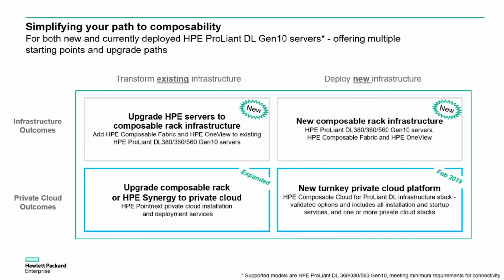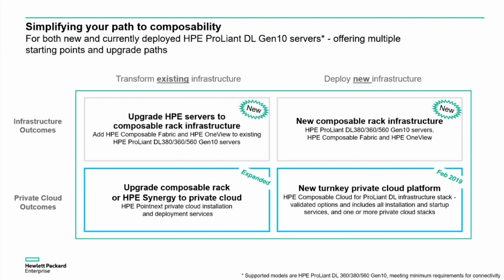We got feedback pretty quickly that that was too restrictive. And so mid-year here, we announced the ability to not only support new Gen 10s that customers are buying, they can add the extra components and layer this on top, which is the top right box there. But we also now support upgrading those Gen 10 server models if customers are interested in doing that.